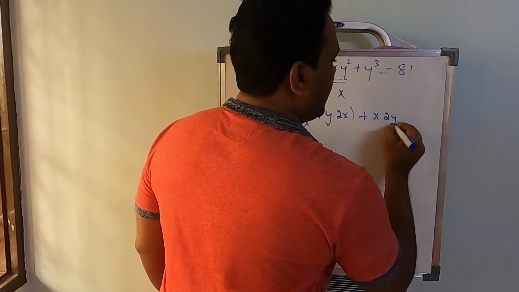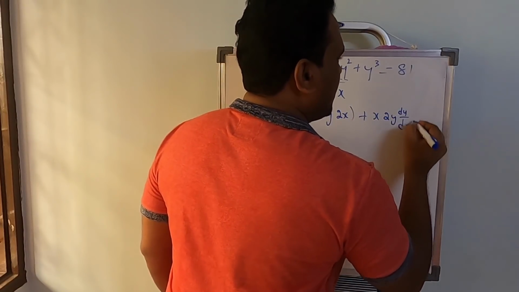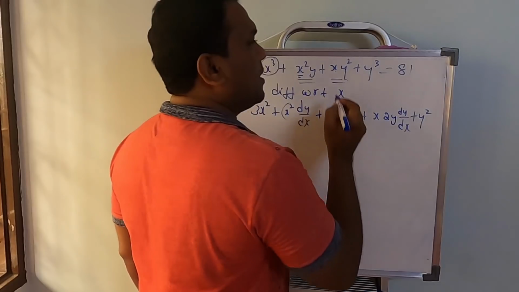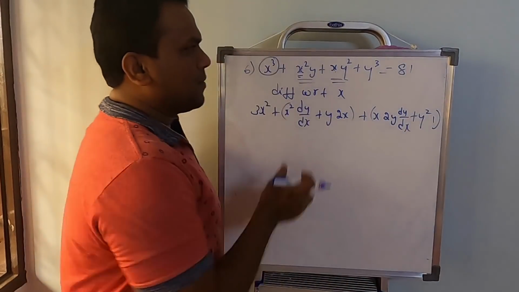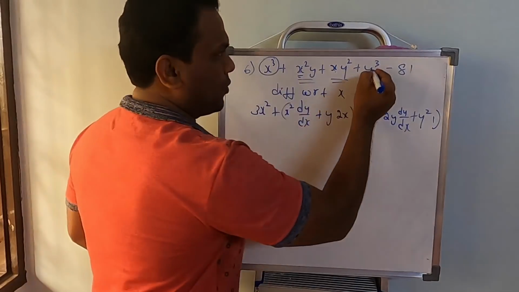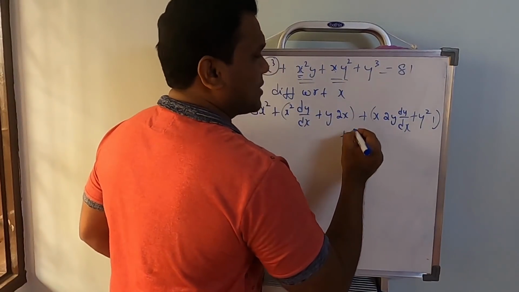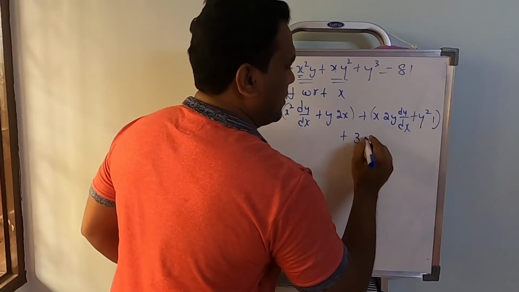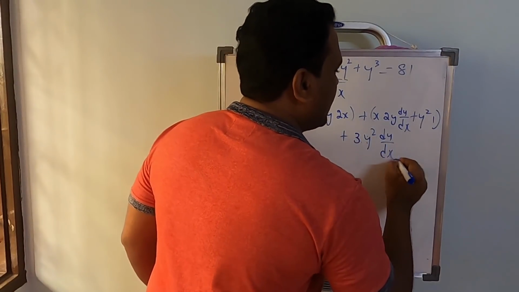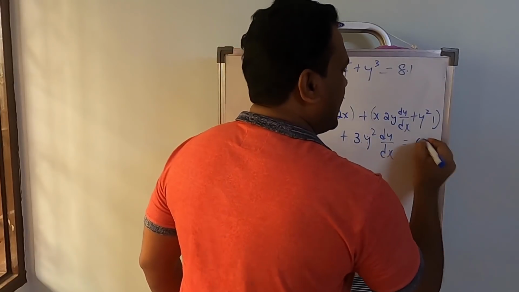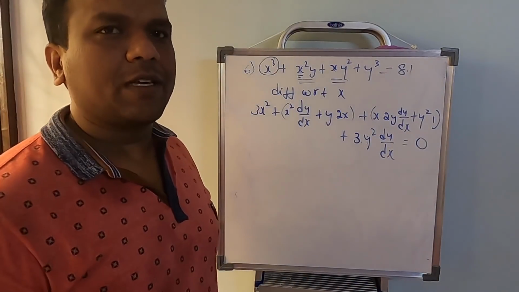Differentiation of y square will be 2y multiplied by dy by dx plus y square multiplied by differentiation of x. Differentiation of x will be 1. Product rule for these two should be applied. Look here, y cube just like x cube, so it's just going to be 3y square multiplied by dy by dx, and differentiation of 81 is a constant, it will be 0.